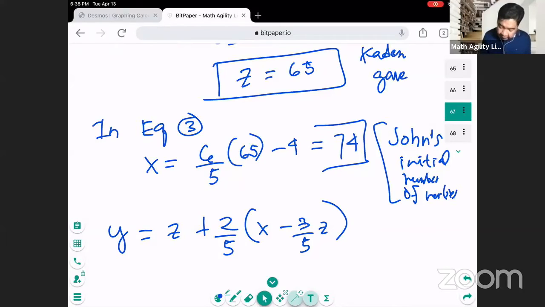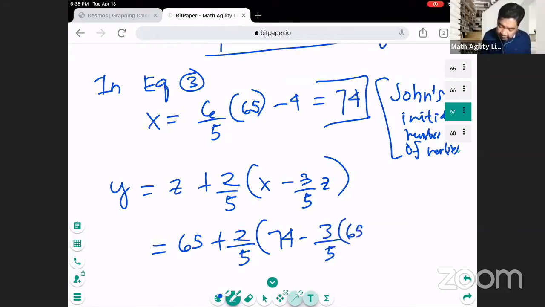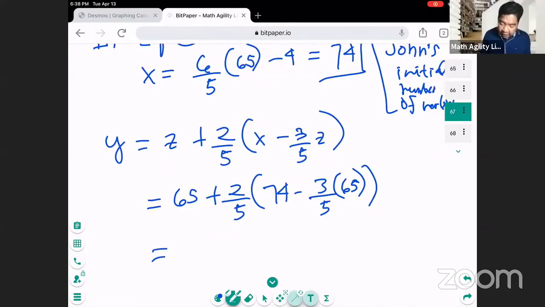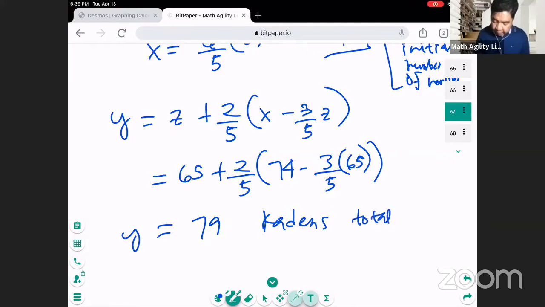So z is 65 plus 2/5 of x, which is 74, minus 3/5 of 65. When we combine everything, this will give us 79. So y is 79. So this is Caden's total number of marbles.